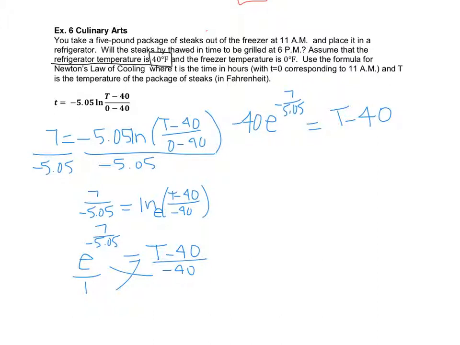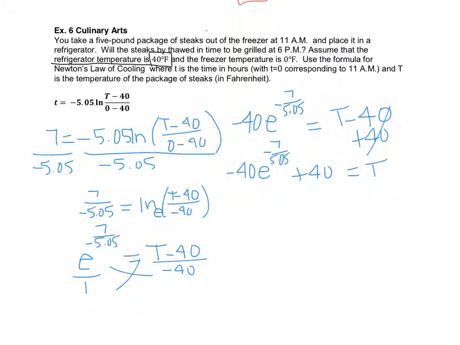So now to solve this, I'm going to add 40. Negative 40 e to the negative 7 over 5.05 plus 40 equals T.